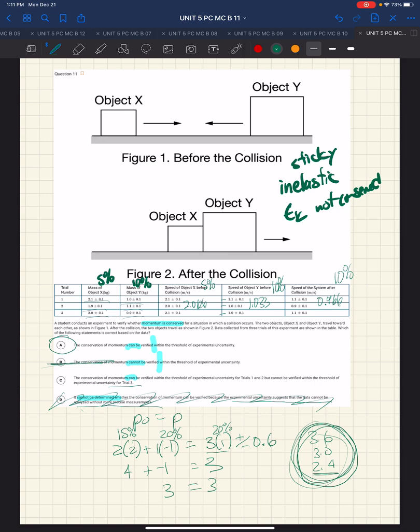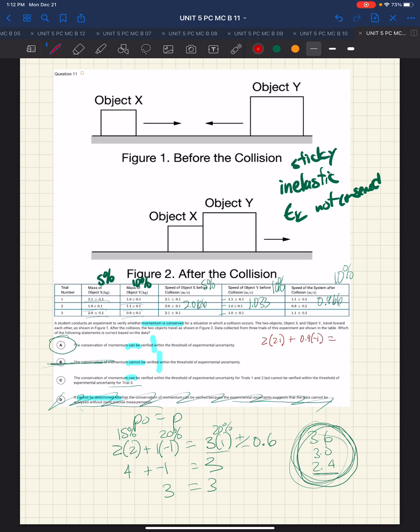So for the third case, what we were looking at, and I'll do that in red. For the third case, we have a mass of 2 times a speed of 2.1 plus a mass of 0.9 times a velocity of minus 1.